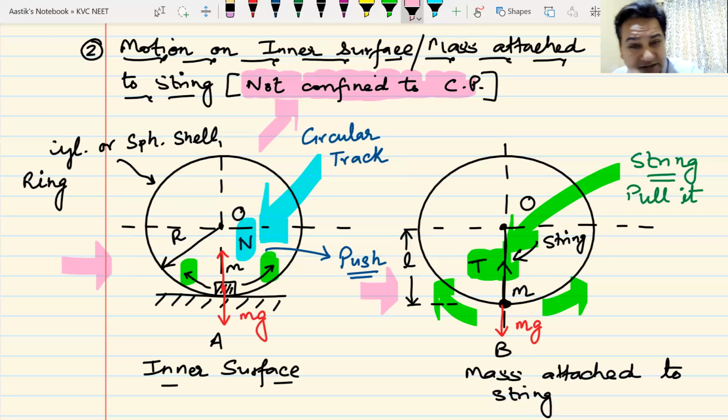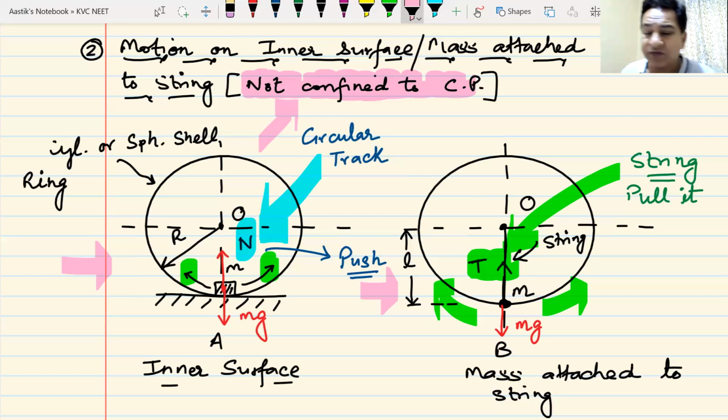Here, on the left hand side, normal reaction would become zero. On the right hand side, tension will become zero. If normal reaction becomes zero, which is trying to make it move on a circular path, the body will lose contact and it will fall and not follow the circular path.